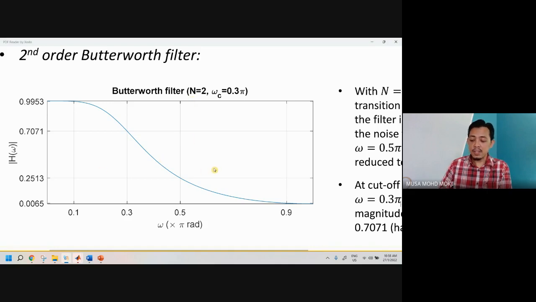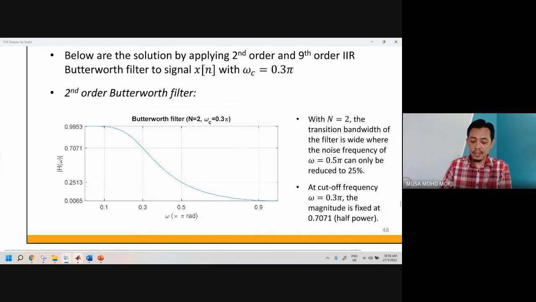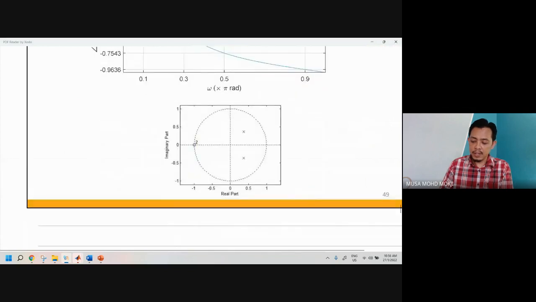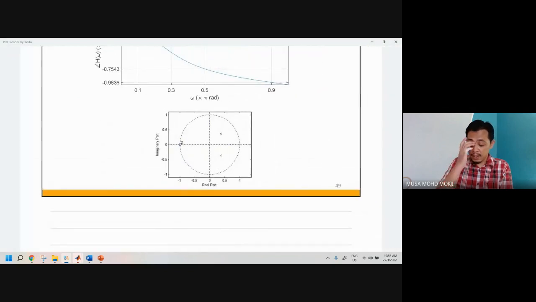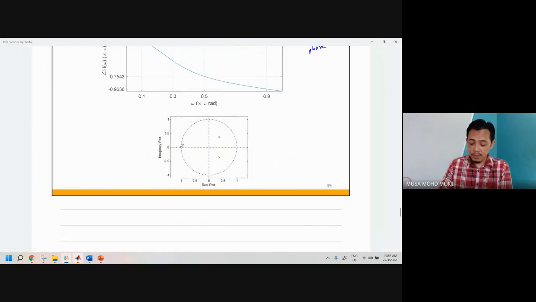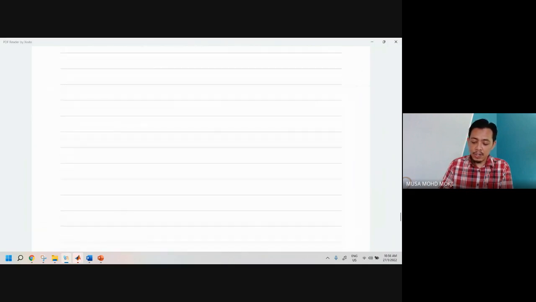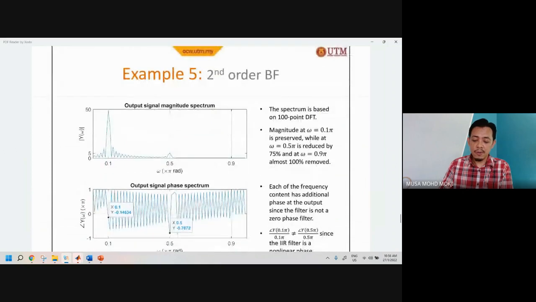In this case, we are actually testing two values of n. That's why in the exam we don't normally ask you to find the transition bandwidth for an IIR filter, because there's no direct way of computing it.